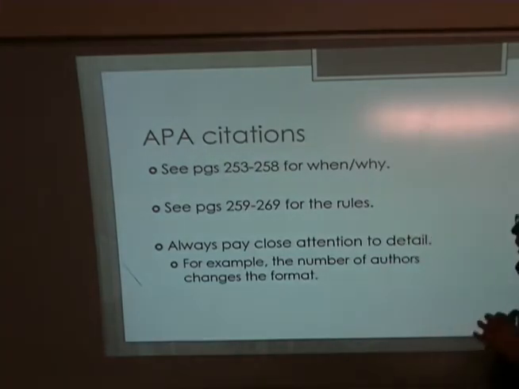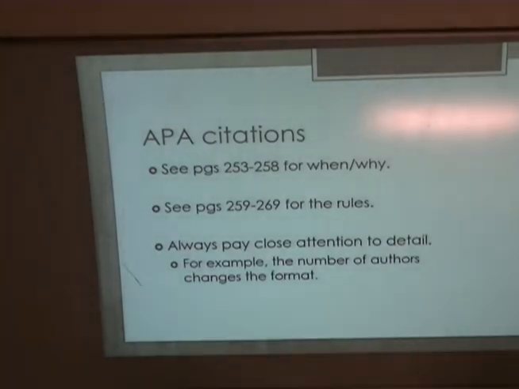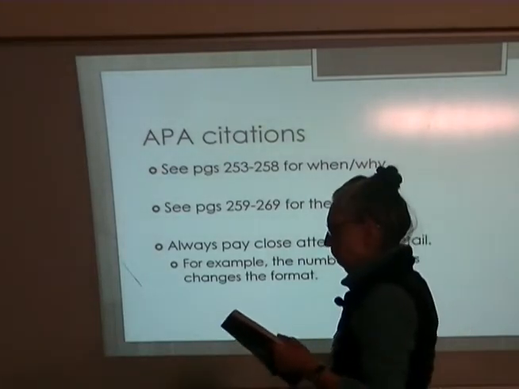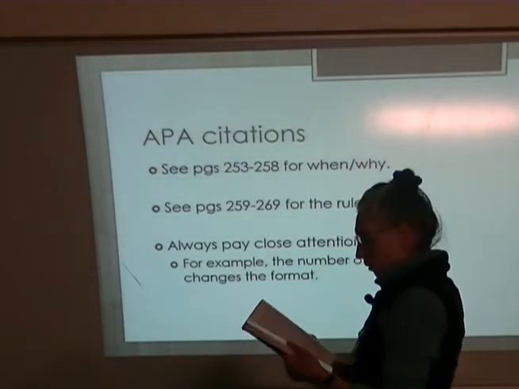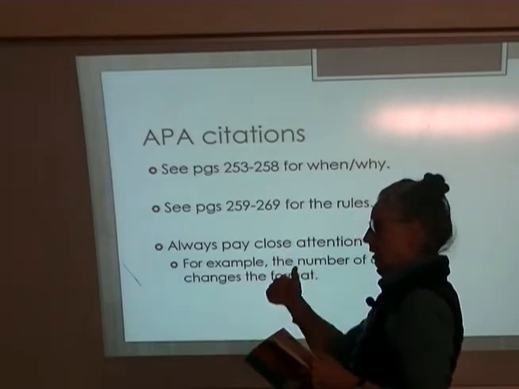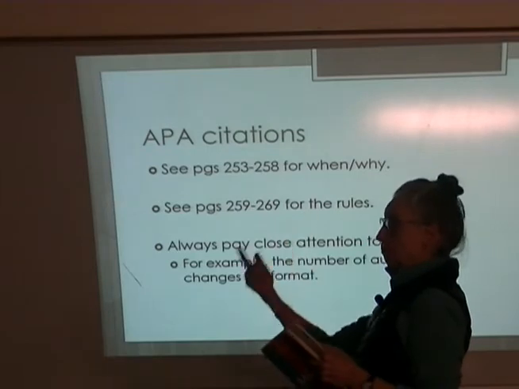Okay? The rules for citing are not quite as silly as all the rules for the references, but there's still a lot of them. All right? So it depends what type of reference it is. Is it a journal article? Is it a book?